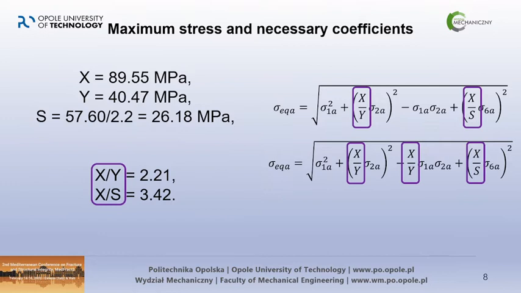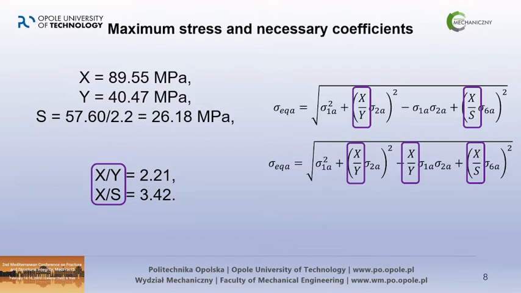As we knew that we need to know the maximum stress in each direction, x would be the strength in the longitudinal direction, y would be in the transverse one, and s would be strength for shearing the material. As you can see, the x and the y were taken from the experimental test, also presented in the article.